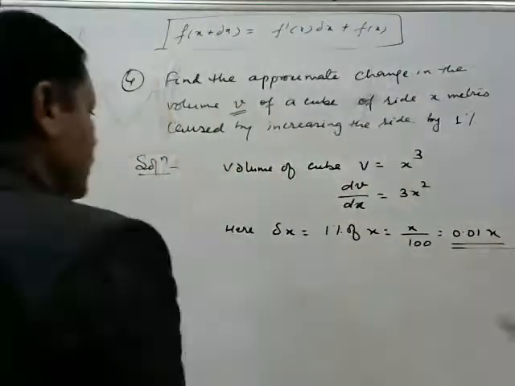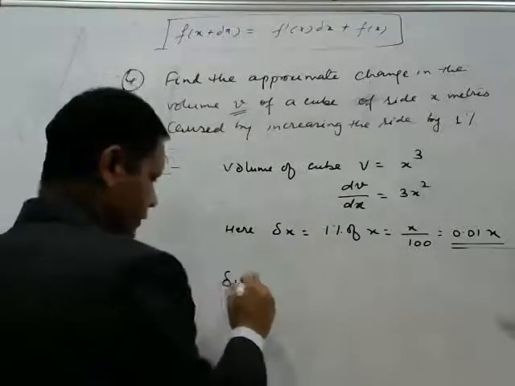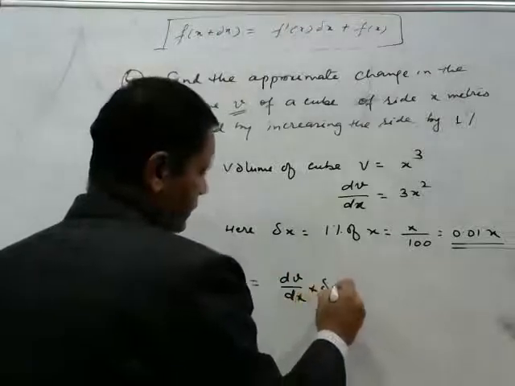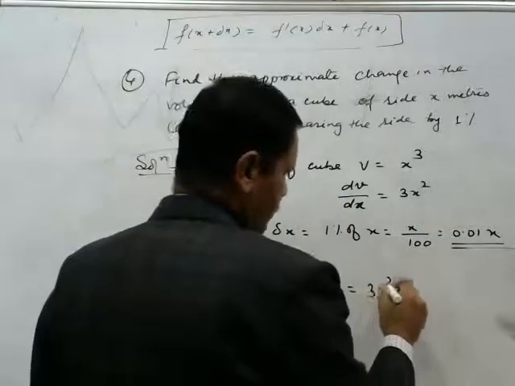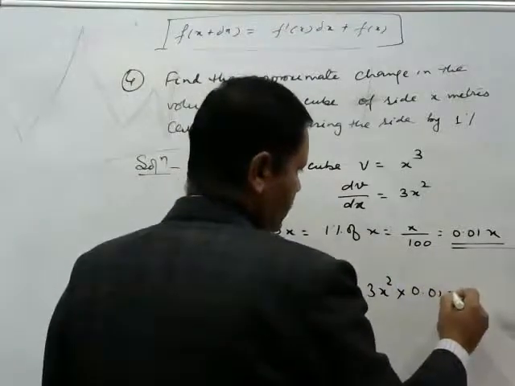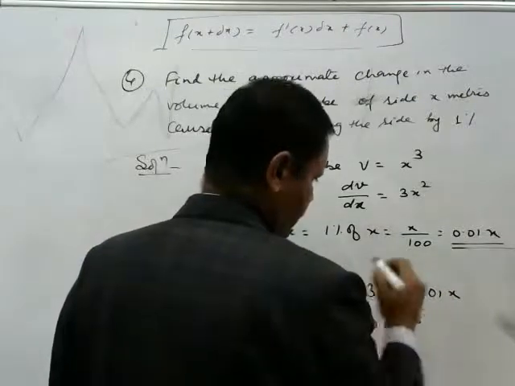Now delta V we have to find out. Therefore delta V is equal to dV by dx into delta x. Now put the value: dV by dx is 3x square, and delta x we have 0.01 into x, therefore 0.03x cube.